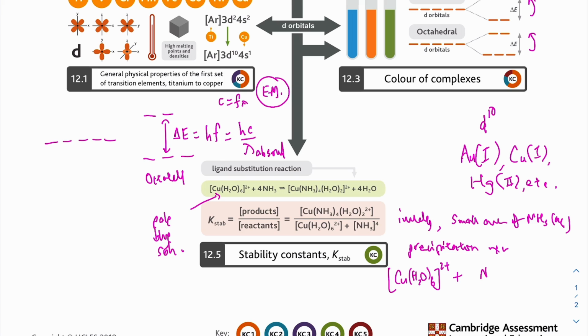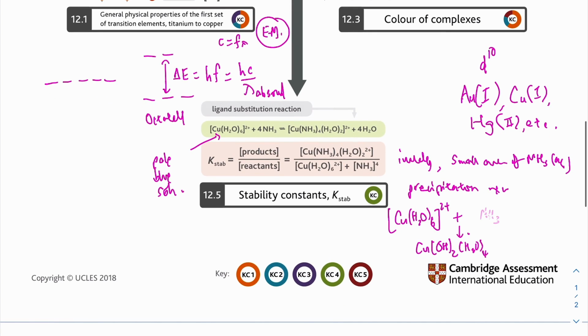So when you add ammonia, you can get copper with 2 hydroxide. Essentially, you can also talk about 4H2O remaining, but there's no charge. Instead of using NH3, I'll talk about it using 2OH minus, and then, just balancing the equation now, 2H2O.